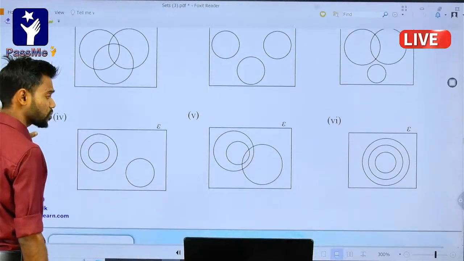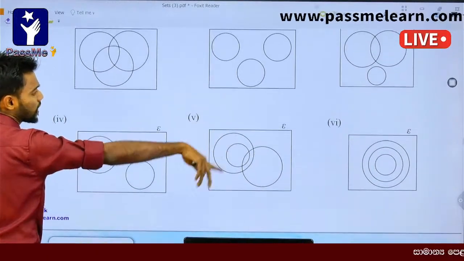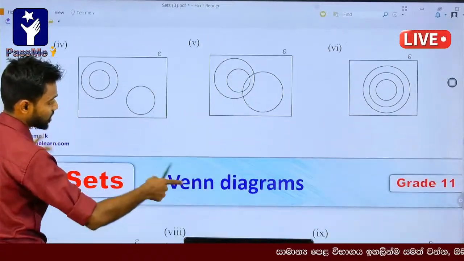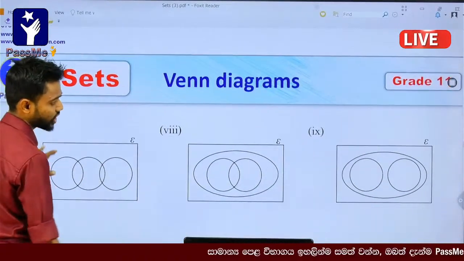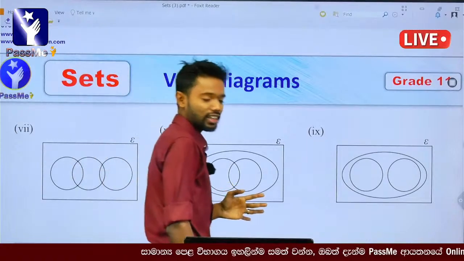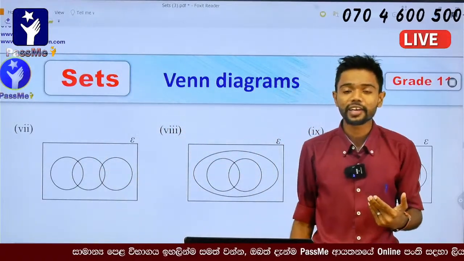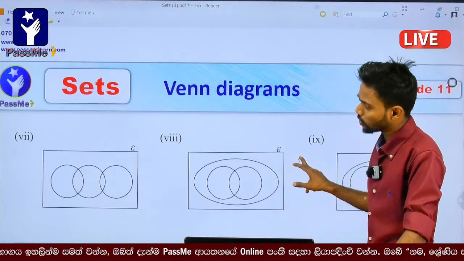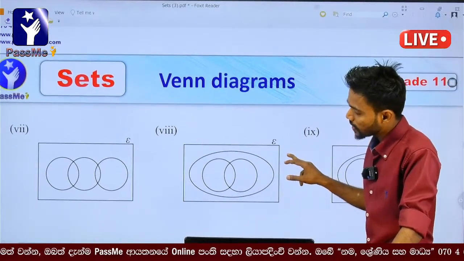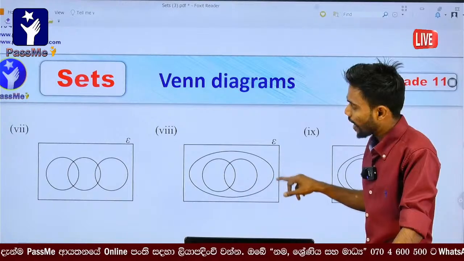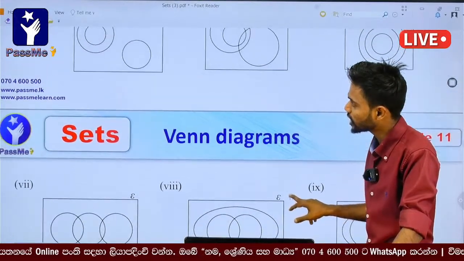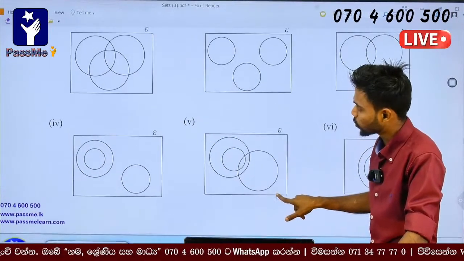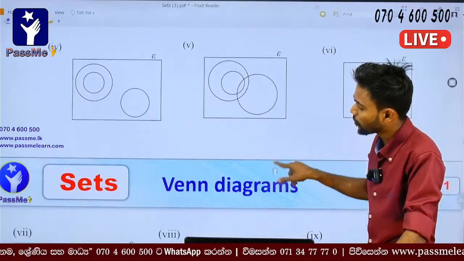Other than these 6 and 9 diagrams, most of the time there will not be any other kind of set. Most of the Venn diagrams are mentioned in this slide and the next one, I mean these 9 figures.